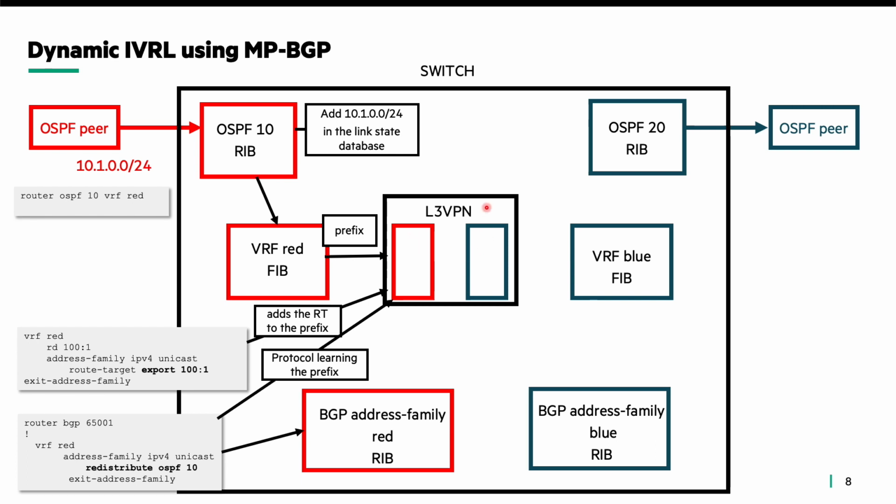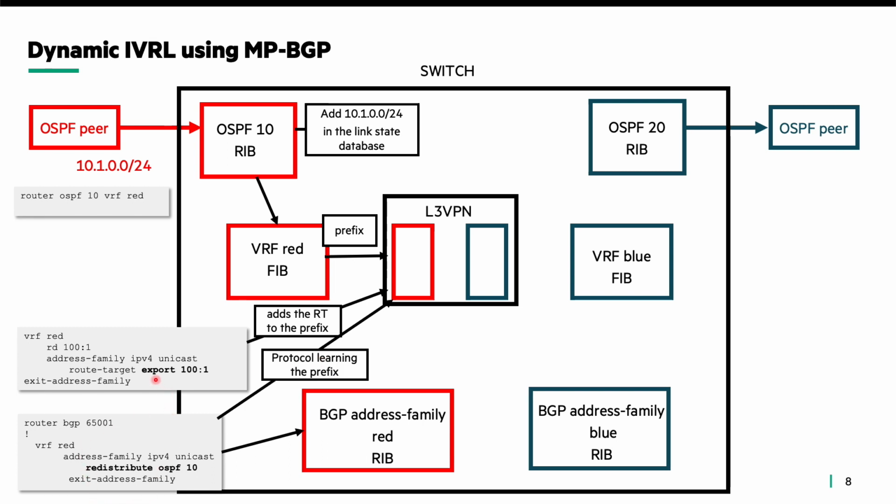It's a table maintained inside the switch, especially to deal with the VPN v4, the MP-BGP information, and it is used for this leaking from one VRF to another VRF.